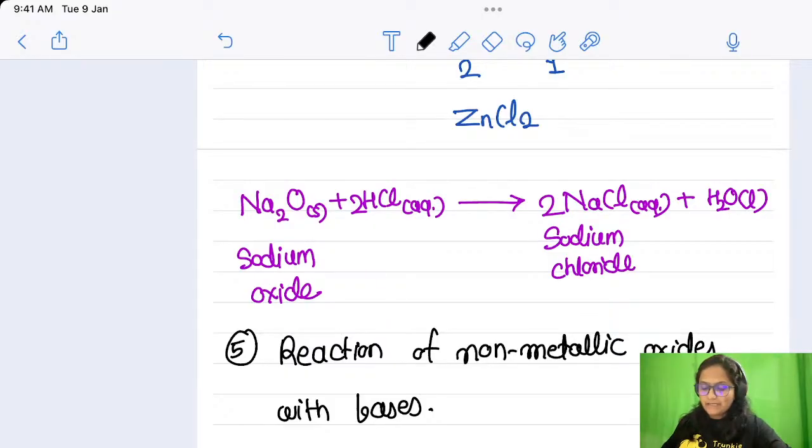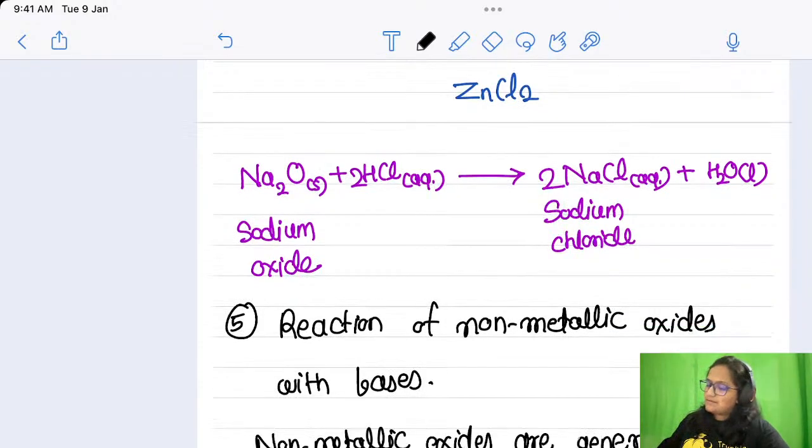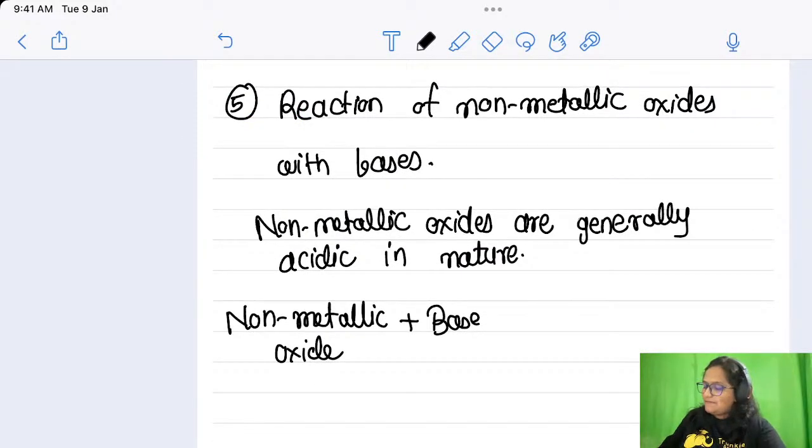Yes, so here also we'll get the same thing, that is we'll get the salt and water, right? General reaction I'll write down first of all. Non-metallic oxide will react with a base and it will give a salt plus water, right?